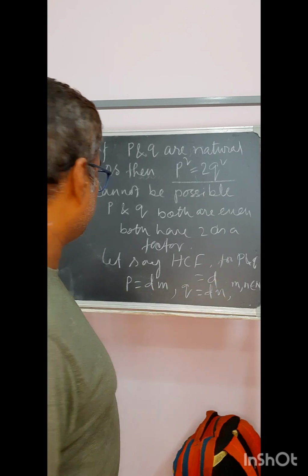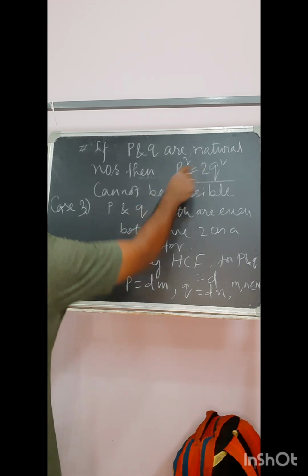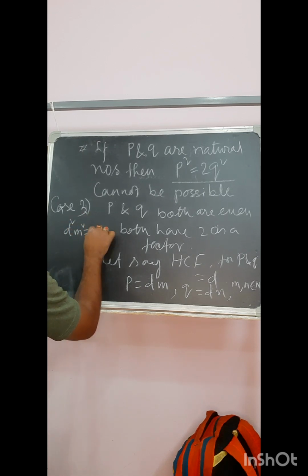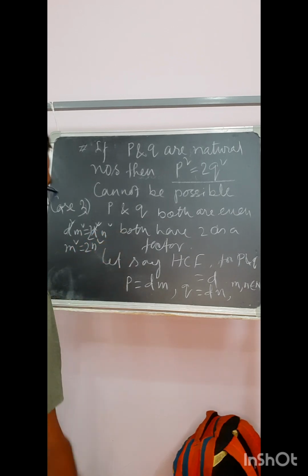So this equation can be written as D square m square equal to 2D square n square. D can be cancelled out, so m square is equal to 2 n square.